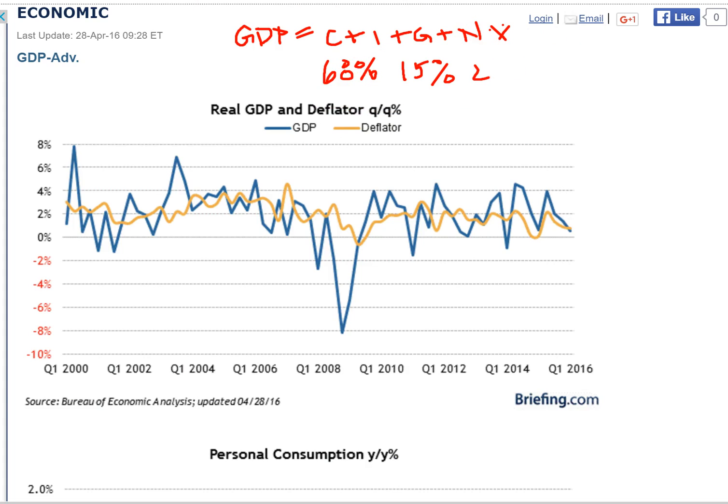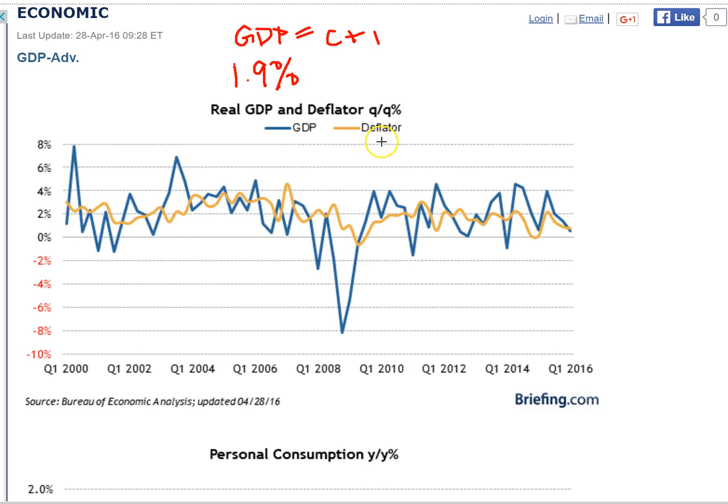Now, what was the latest report? The latest report was that GDP increased at a very modest 1.9%. That's year on year.